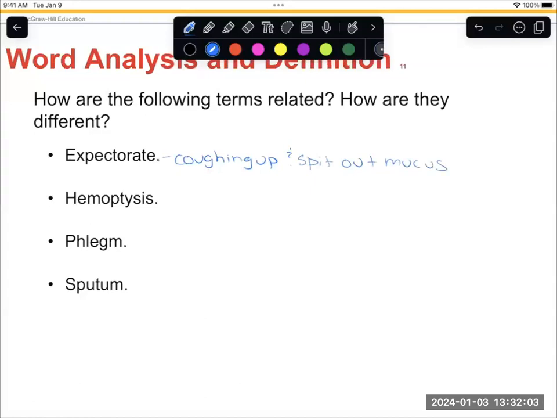We've got hematosis. Hemo again means blood. Phlegm is another term for mucus that is coughed out of the respiratory tract. And sputum is any matter that is coughed up.